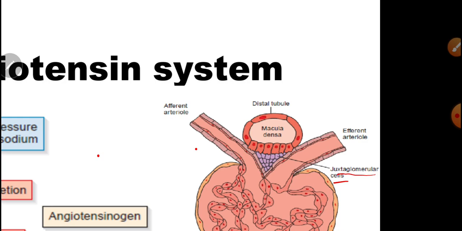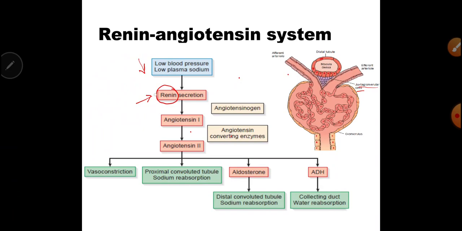If there's a decrease in blood pressure, the juxtaglomerular cells will produce renin enzyme that will convert angiotensinogen to angiotensin 1. Angiotensin 1 will circulate in the blood and be converted by a specialized enzyme called angiotensin converting enzyme to angiotensin 2. So finally, if there's a drop in the blood pressure, the renin enzyme will result in the formation of angiotensin 2.